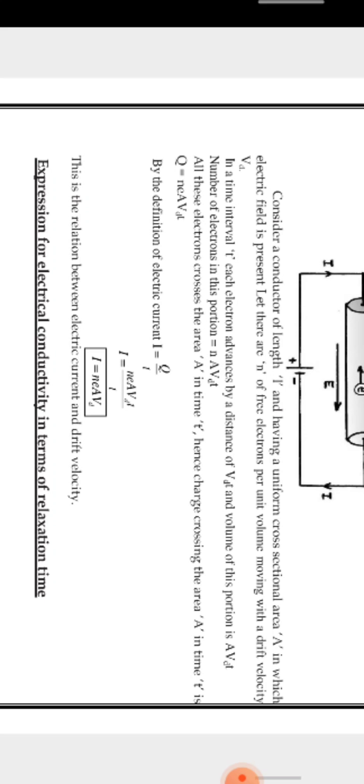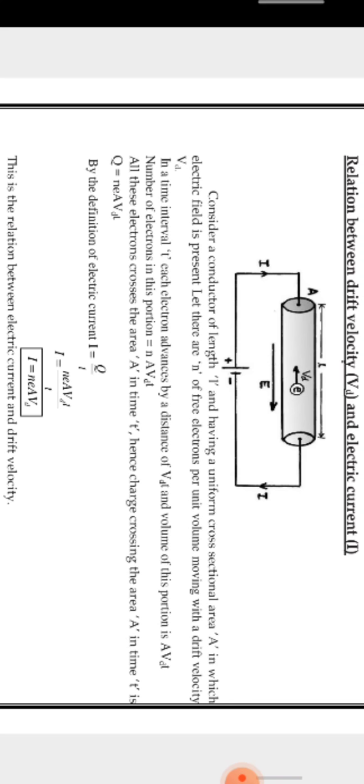Let there be n free electrons per unit volume moving with drift velocity Vd. In a time interval t, each electron advances a distance Vd t and the volume of the portion is A Vd t.